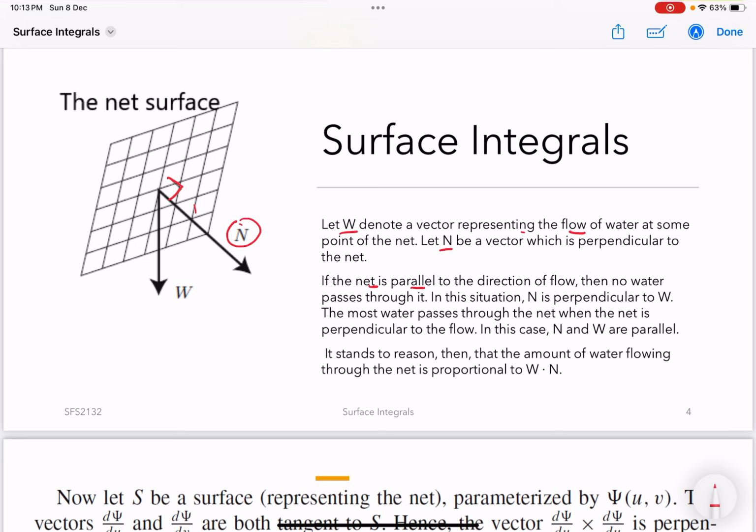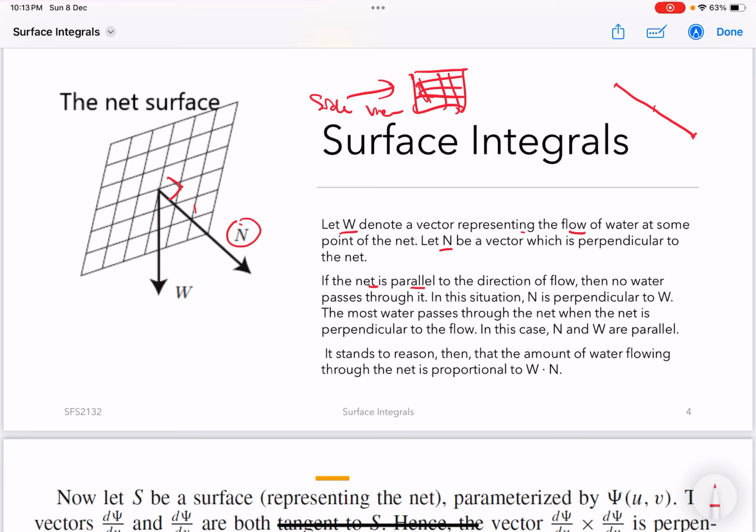You have a net. Look at the net from the side view. Imagine the net is only a few millimeters thick. Imagine this is your net, and your eyes look at it from here as a fabric.